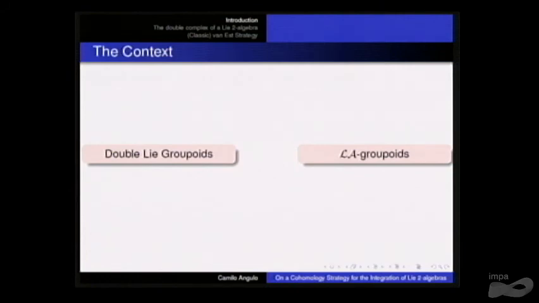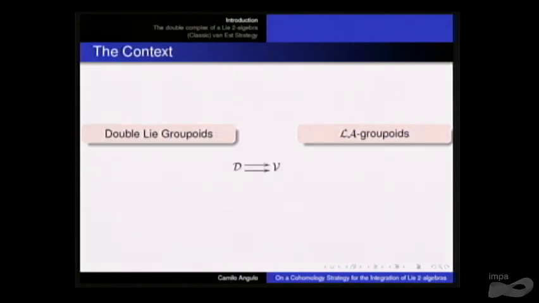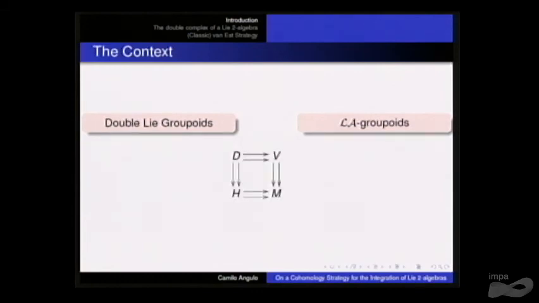So the context is groupoid objects in higher categories. A groupoid object is this thing that you are used to, which comes with a source, a target, a multiplication, and a bunch of diagrams which encode the axioms of a groupoid. Then you replace each of these spaces by the category that you're interested in, in this case Lie groupoids, and all of the structural morphisms are going to be homomorphisms of groupoids.